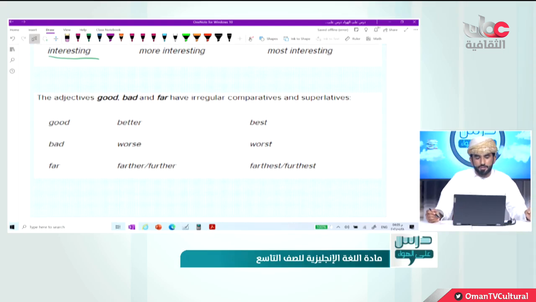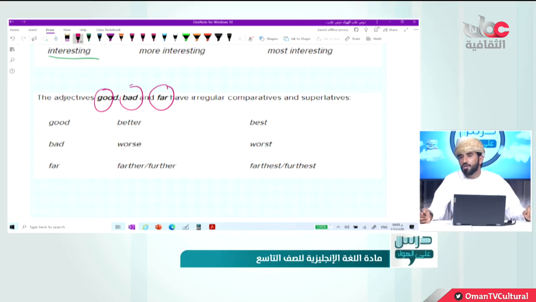Right, now let's move to this one. The adjectives good, bad and far have irregular comparatives and superlatives. These three adjectives, good, bad and far, are the only adjectives that differ if you want to compare something to something or if you want to make a superlative.